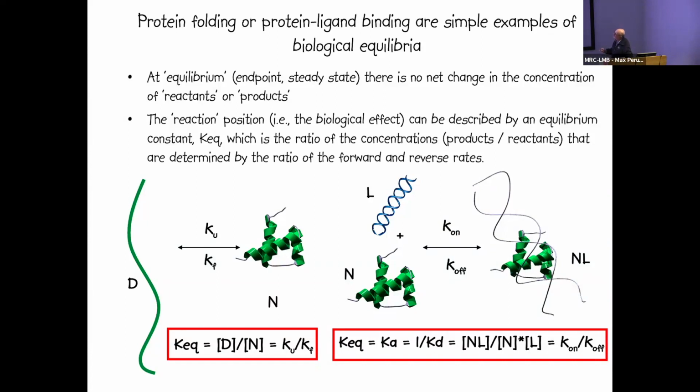And therefore we can define the reaction position, which is the biological effect that we're interested in, as simply the ratio of the concentration of the reacting components, in this case, unfolded and folded protein, or protein and ligand and the complex. So the equilibrium constant can be defined by the ratio of these concentrations, and it's also equal to the ratio of the forward and the reverse rates for these reactions.